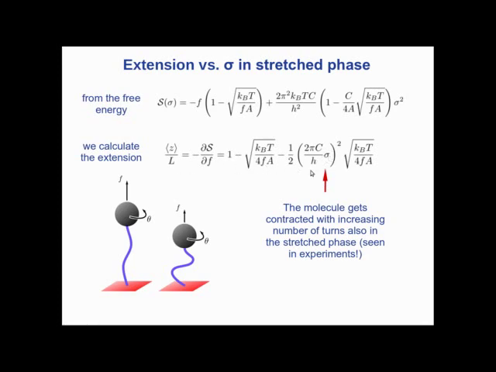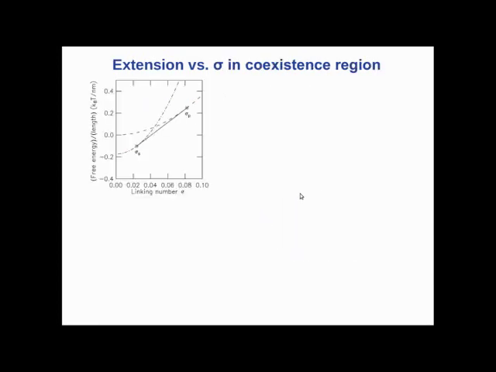This is also seen in experiments, and we discuss and show this in the next slide. So we are now discussing the stretched phase, and we are looking at the final things. We have so far discussed in much detail this free energy, and we have shown the extension in the stretched phase. Now we are interested in this coexistence region.